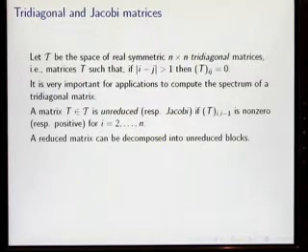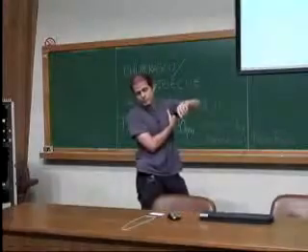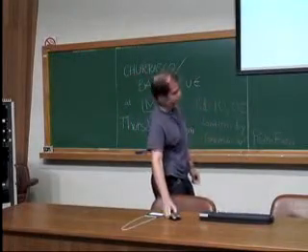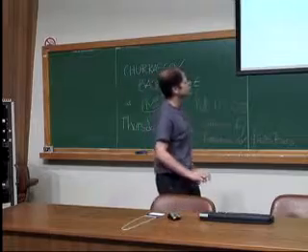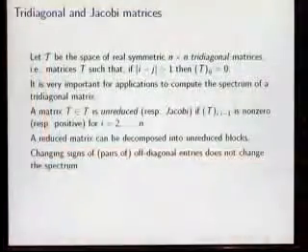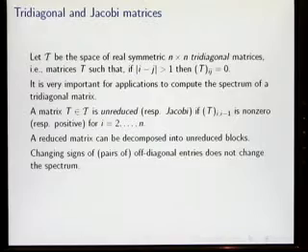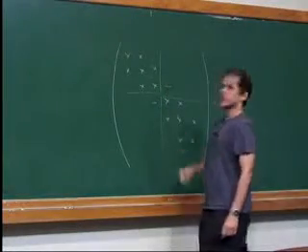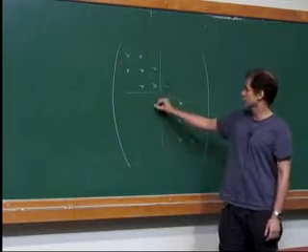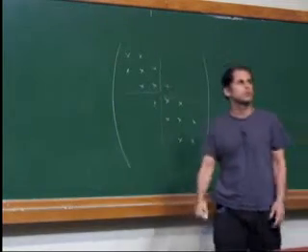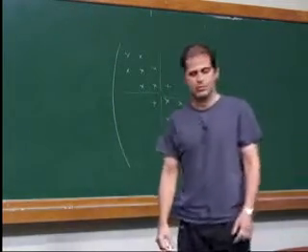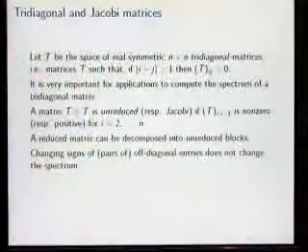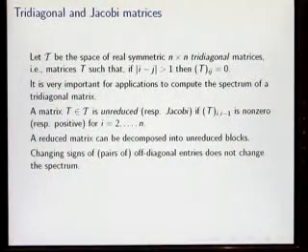A Jacobi matrix is a matrix such that the off-diagonal entries are positive. Now, if you change the signs here, say if you have a negative sign, if you just change these signs and make them both positive, you just conjugate it by a signed diagonal matrix, so the eigenvalues do not change.